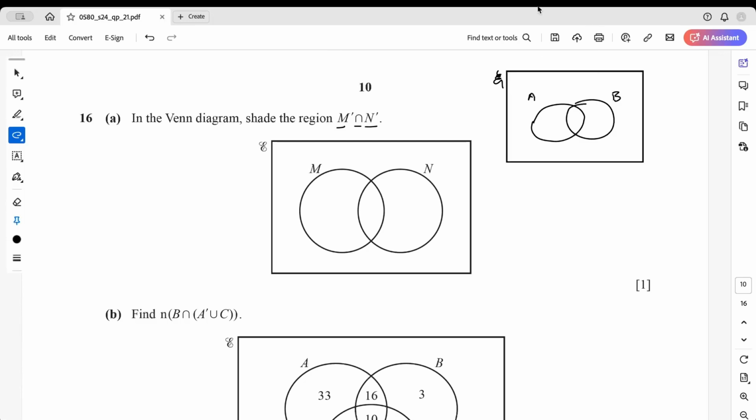So when I say set A complement, I mean everything apart from set A. So set A is bounded by this region, including the intersection with B, because that is a part of section A. Now when I say A complement, I mean everything else from it. So all of this.